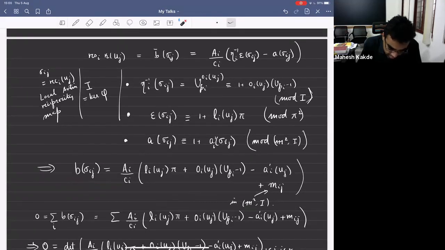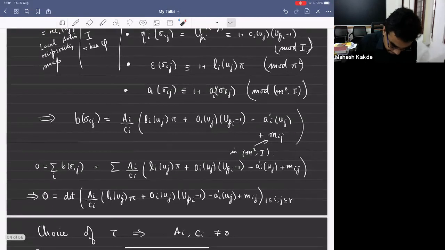So my B sigma is A by C plus all these quantities that appeared here. This one and this one cancel, plus something in M squared. Because my M is just some random thing in M squared, I can modify that to write B and not B sigma bar anymore.